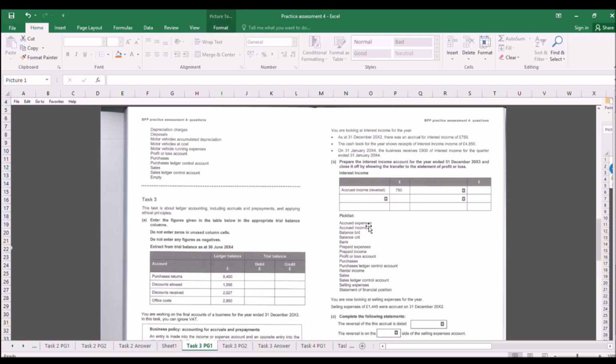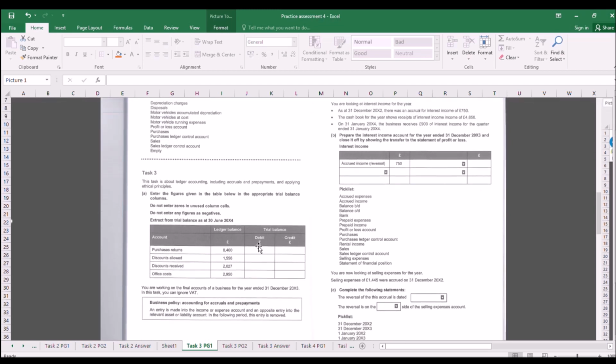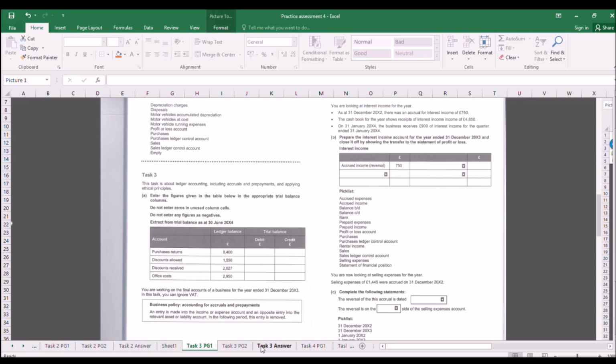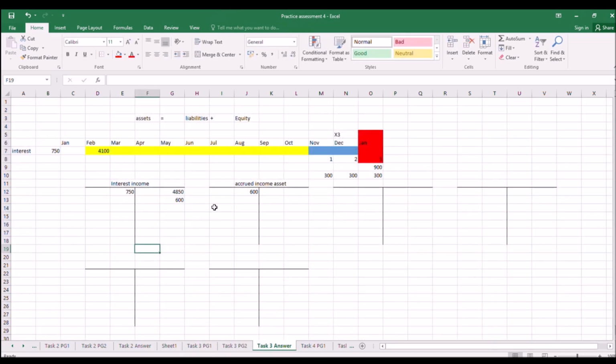So we've got some accrued income. What have we got else in here? Because we've got the 4,800. So we've got our bank, haven't we? Because it said it was in the bank account. In the bank statement, so we've got a bank statement in here. So let's just go through and list this in here.